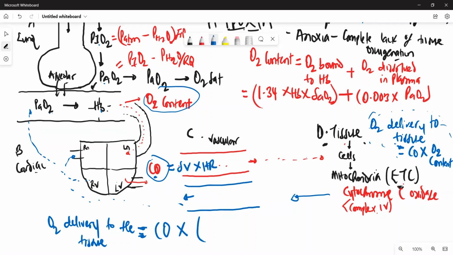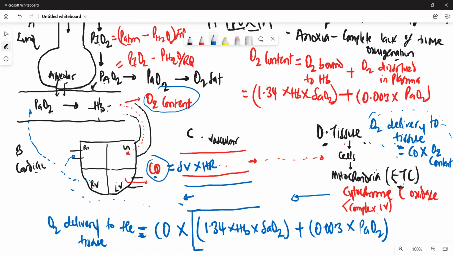And oxygen content is 1.34 multiplied by hemoglobin multiplied by oxygen saturation plus 0.003 multiplied by PaO2. And that will be our oxygen delivery to the tissue. So anything that affects any of the parameters in this equation will lead to hypoxia. And in the next video, we're going to go through all the causes of hypoxia.